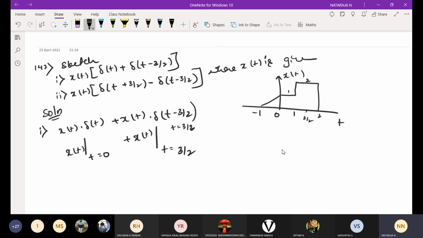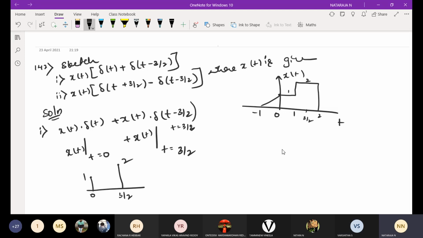This is the x of t. Whatever the x of t we have across here, we are going to sketch the signal. When x of t into delta of t minus 3 by 2, where t is equal to 3 by 2, means the signal at t is equal to 0, we have an amplitude of 1. At t is equal to 0, what is the amplitude? In the original signal x of t, we have an amplitude 1. When t is equal to 3 by 2, what is the amplitude? The amplitude will be 2.